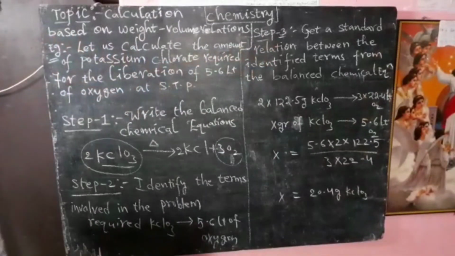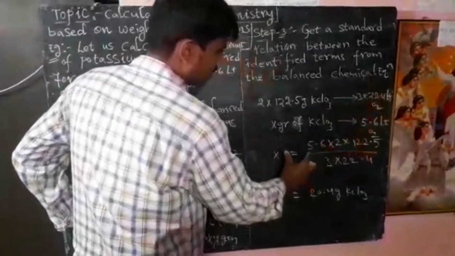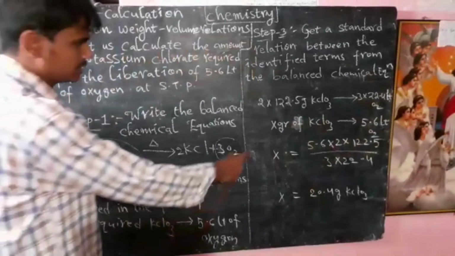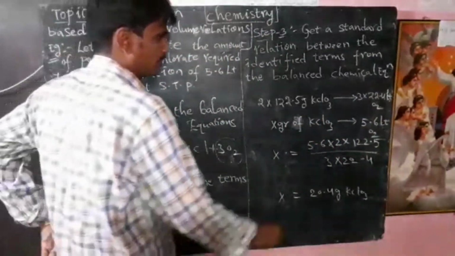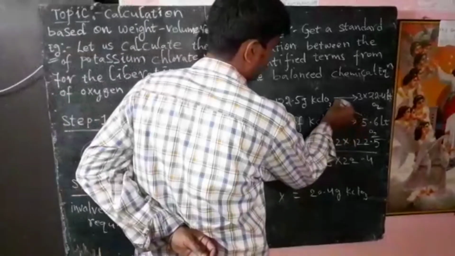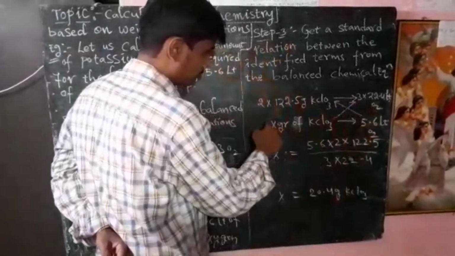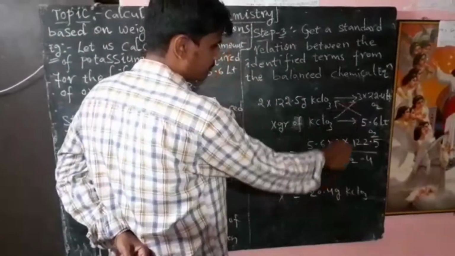What they asked is: to produce 5.6 liters of oxygen, how much potassium chlorate is required. Here I take x grams of potassium chlorate. We multiply crosswise: x equals 5.6 into 2 into 122.5 divided by 3 into 22.4.